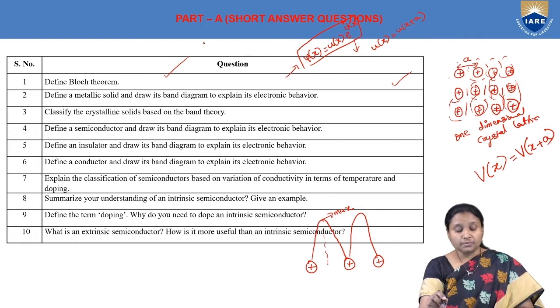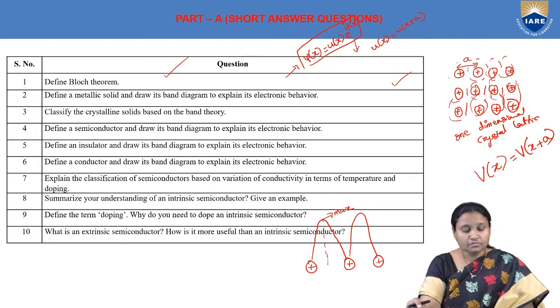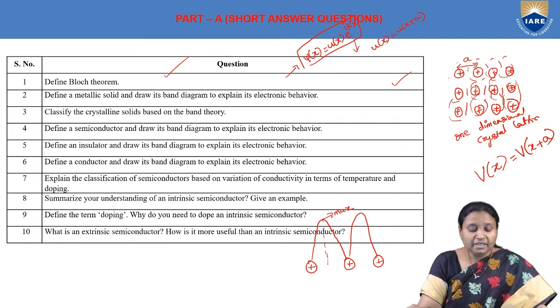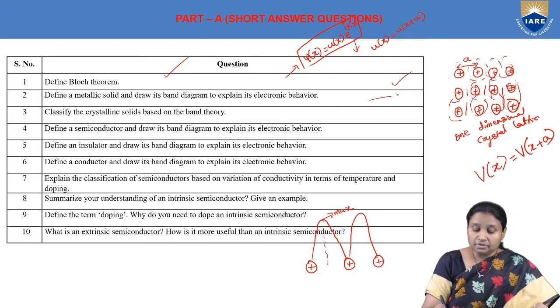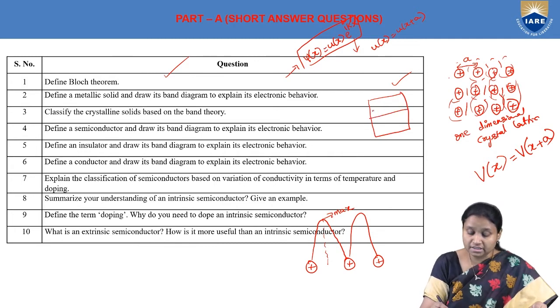Then coming to second question, define a metallic solid and draw its band diagram to explain its electronic behavior. So if you consider a metal, we know that it's a good conductor, and if we try to explain them based on their energy band diagram, we know that in case of metals, there is no forbidden energy gap.